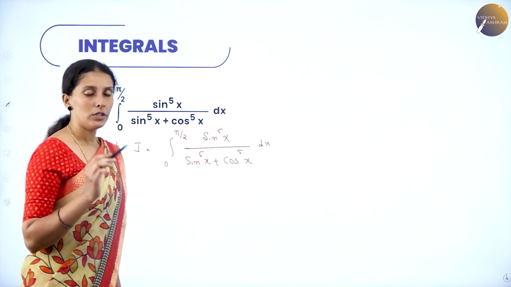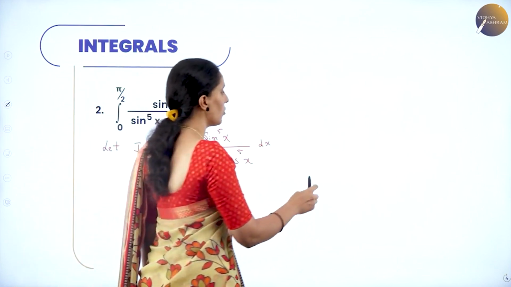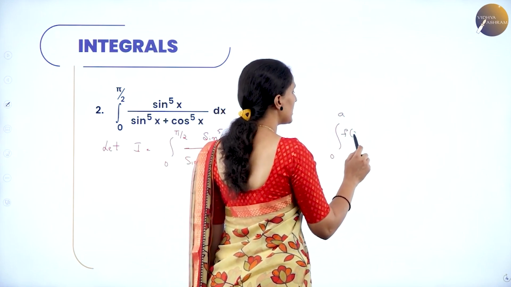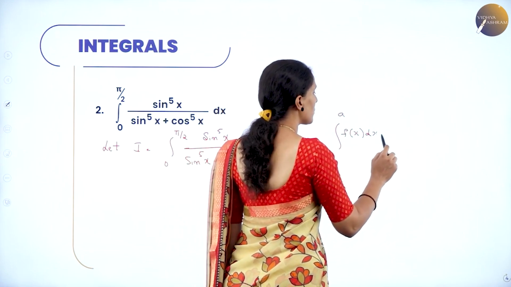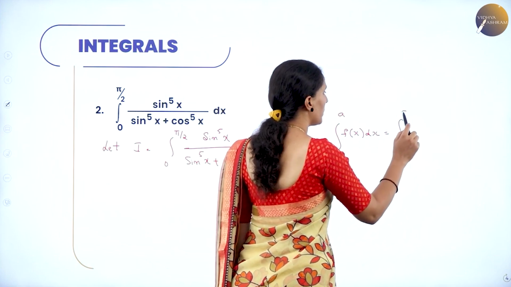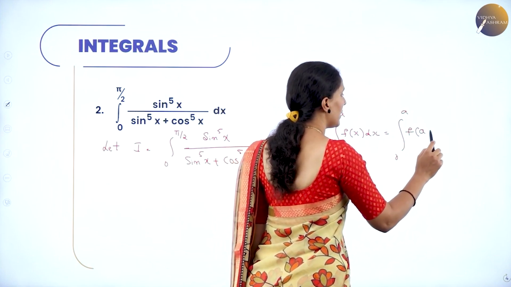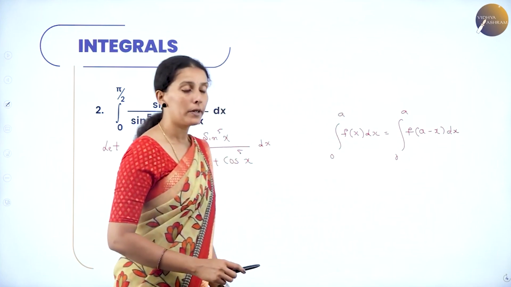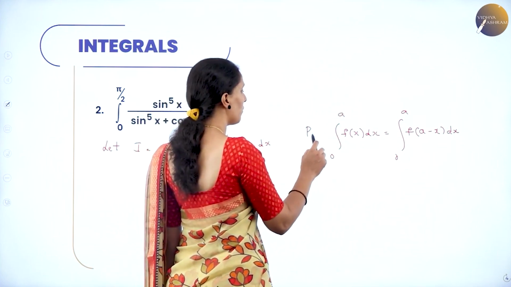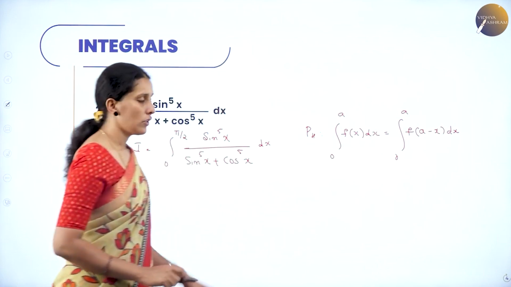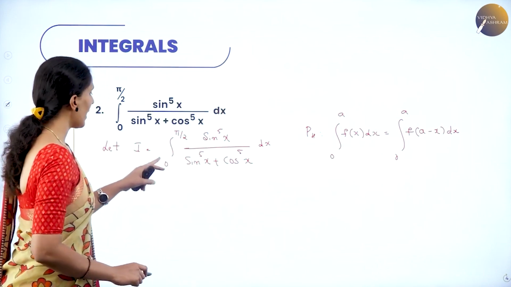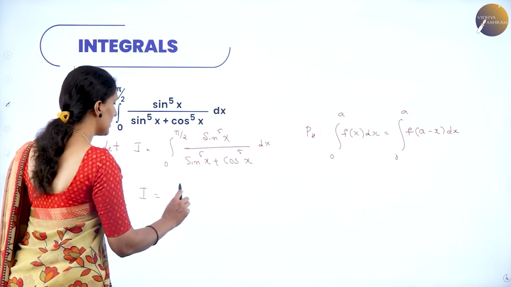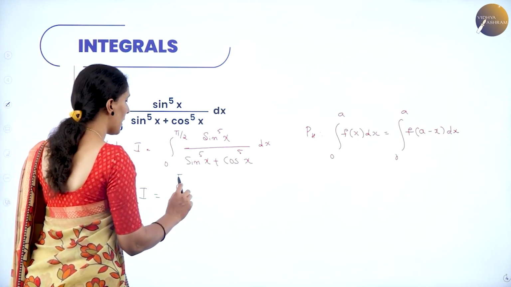We know the property that if you have integral from 0 to a of f of x dx, this is also equal to integral from 0 to a of f of a minus x dx. That is property number 4. So using P4 here, since we have 0 to pi by 2, I can change I as integral from 0 to pi by 2.